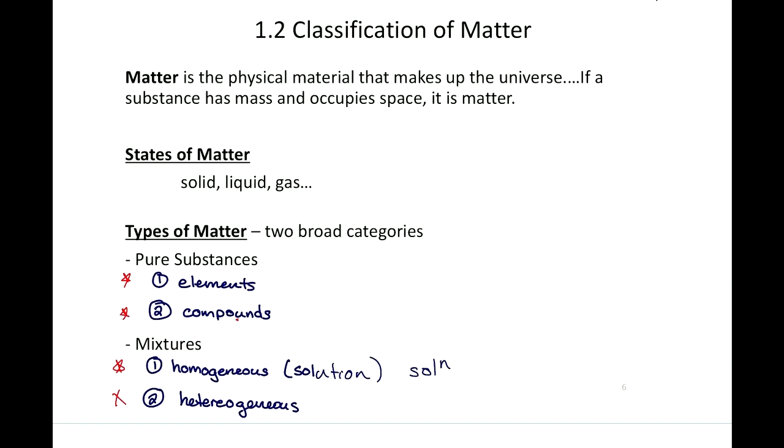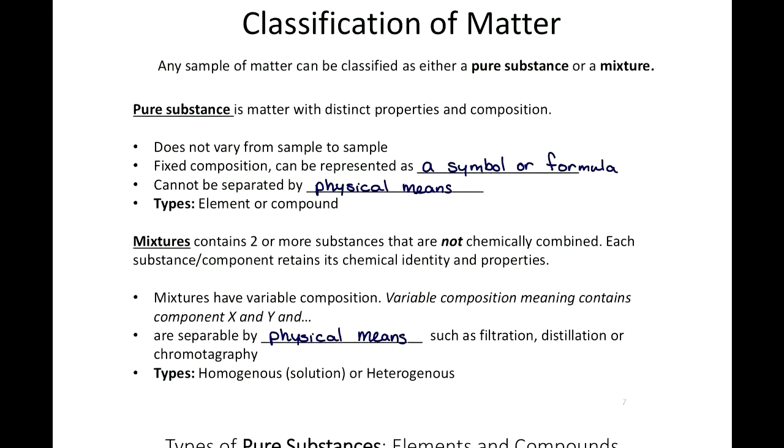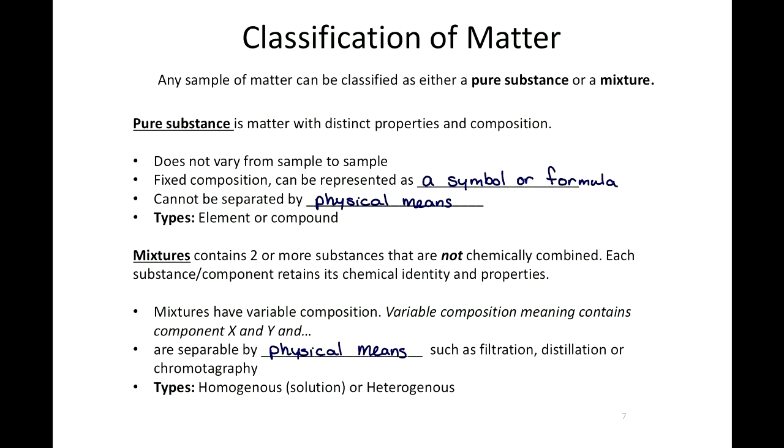Let's talk about the differences between pure substances and mixtures. So pure substances will always have uniform properties within them, all right? My tip for determining whether something's a pure substance or not is if you can write a single formula or use a single symbol from the periodic table to represent that.